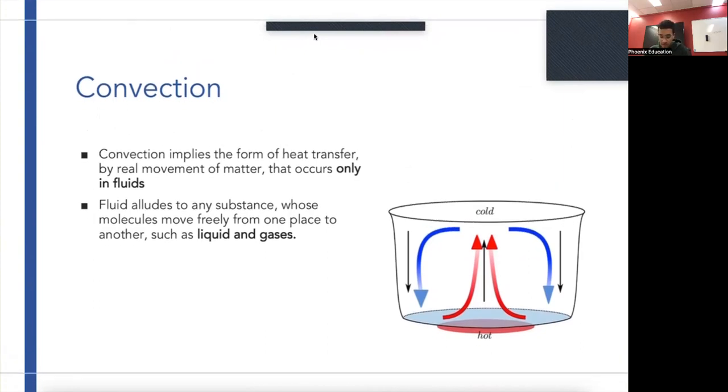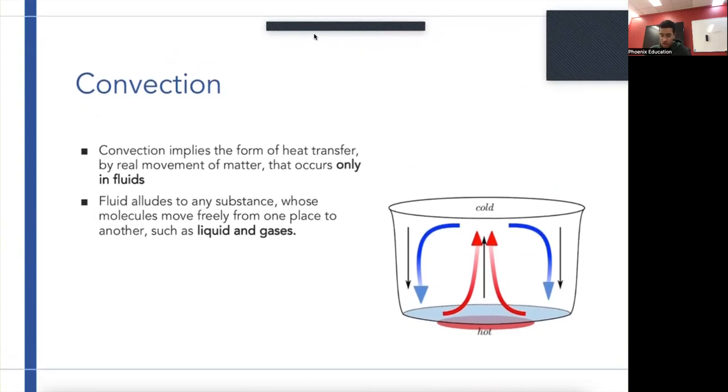So the way convection works is that when you have a hot object or hot liquid and a cold liquid on top of each other, since the hot liquid is less dense than the colder liquid, the hot liquid will rise up right to the top, okay? And as it rises up, this cold liquid will drop down to the bottom, okay?